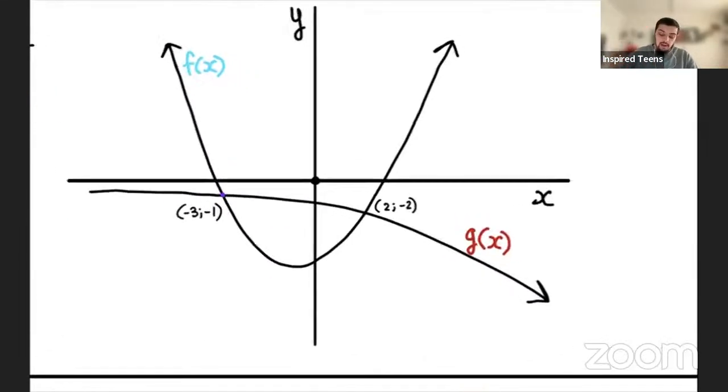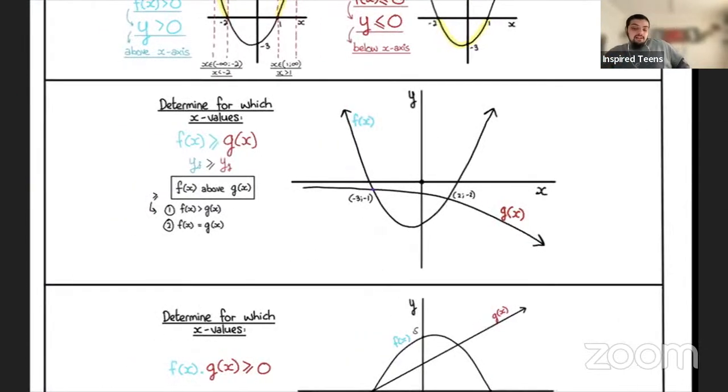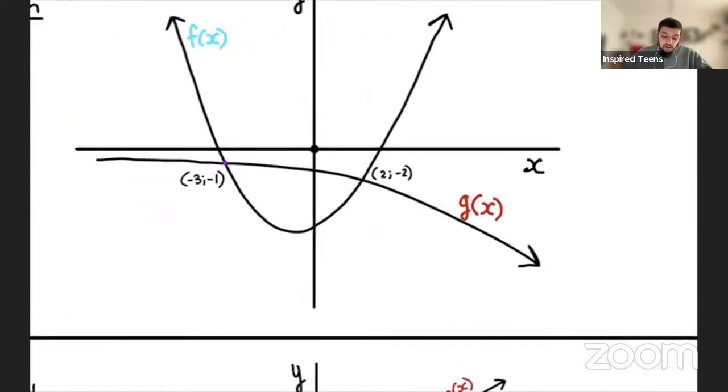I'll show you, right? We're going to look for the parts where f of x is above g of x. So we compare the two, f of x and g of x. The key thing is that they always change at points of intersection.